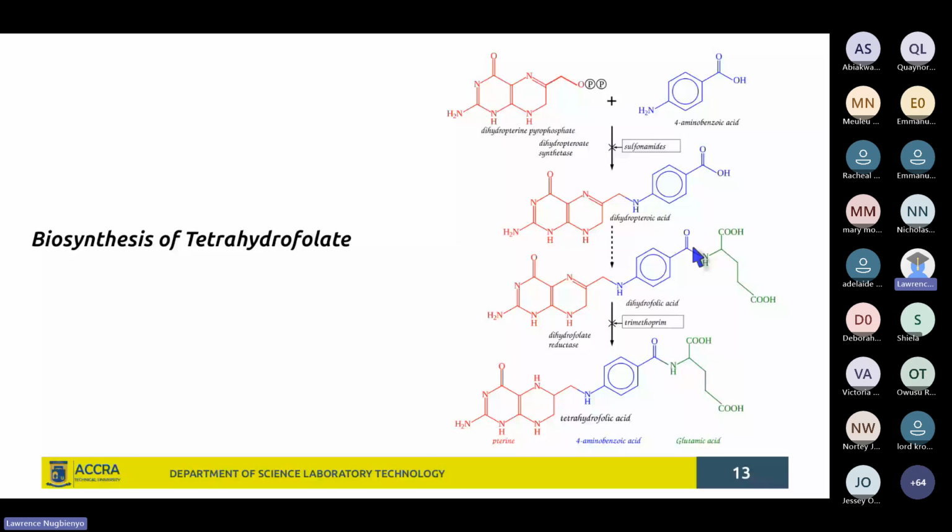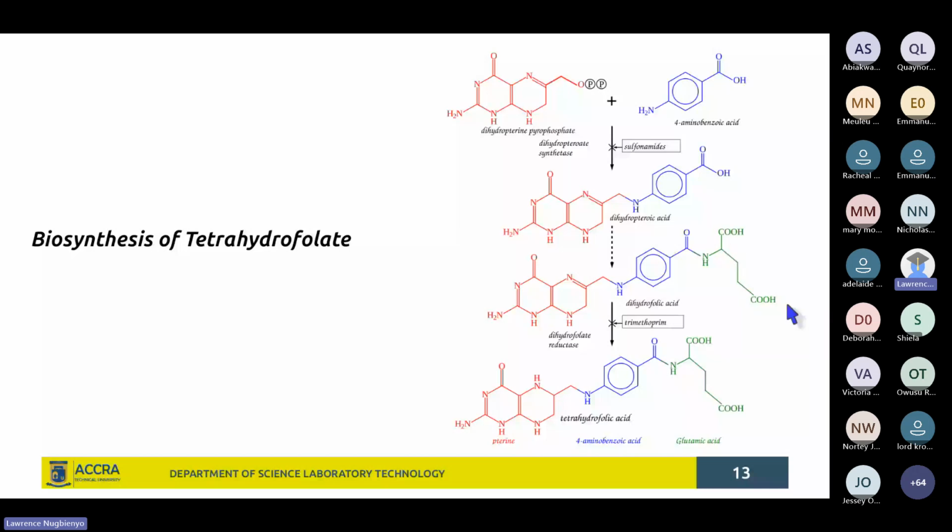So that's a peptide-like bond. Because para-aminobenzoic acid is not an amino acid, we can't say it's a peptide bond per se, but we can say it's peptide-like because it's just like a peptide bond, which is formed between a carboxylic acid group and an amine group, with glutamic acid or glutamate.